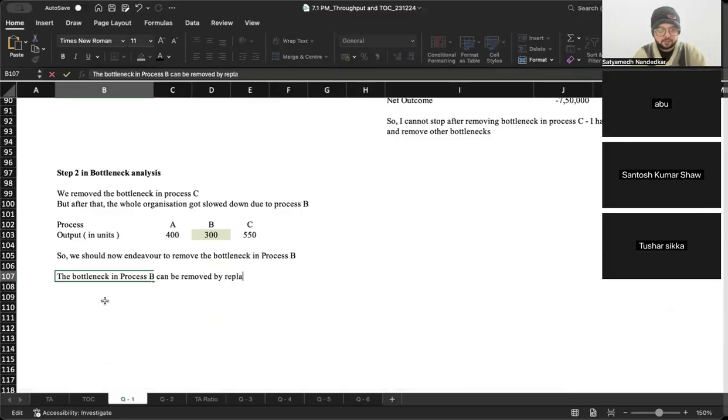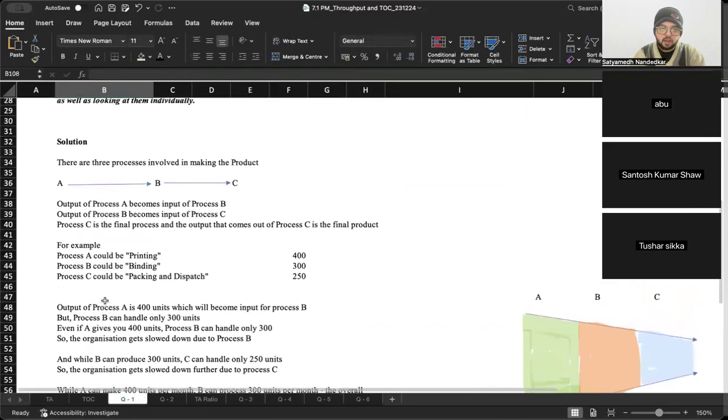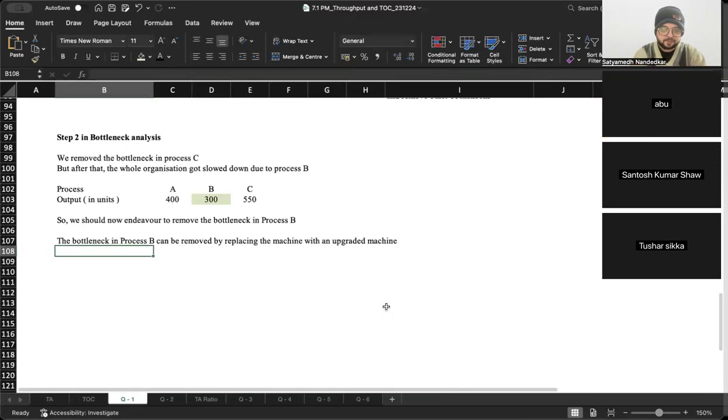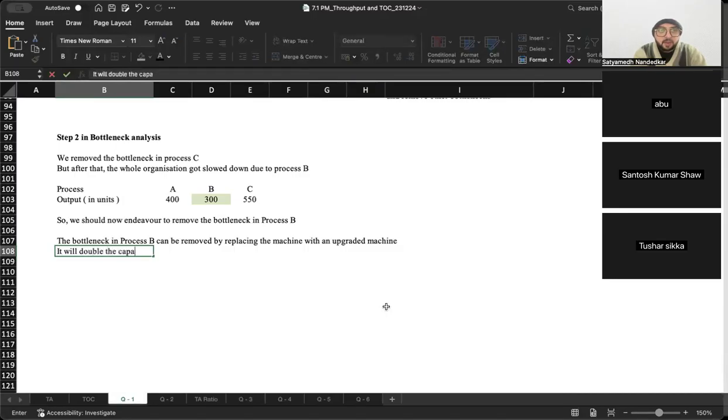By replacing the machine with an upgraded machine, what will happen because of that? It will double the capacity of process B.